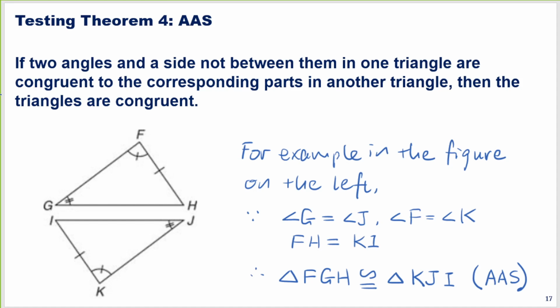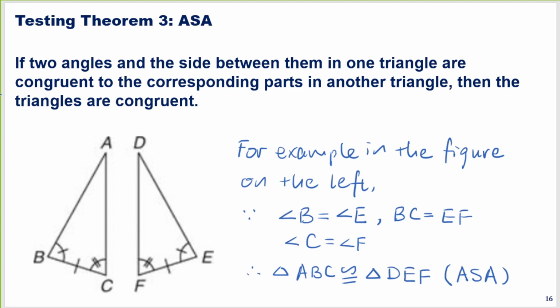So why is this true? Because when this angle equals that angle here, this angle equals this angle here, immediately we know angle H equals angle I, right? Then if you consider this angle and the side in between, again, you can use ASA to prove that, right?